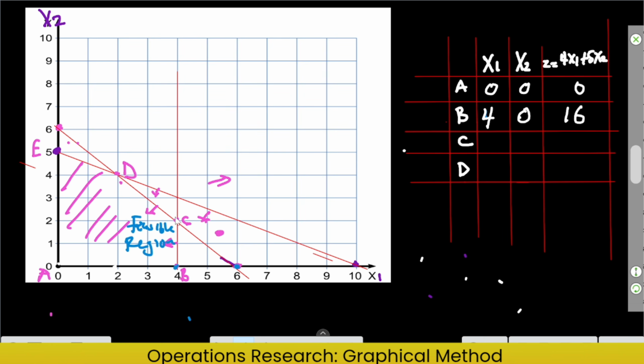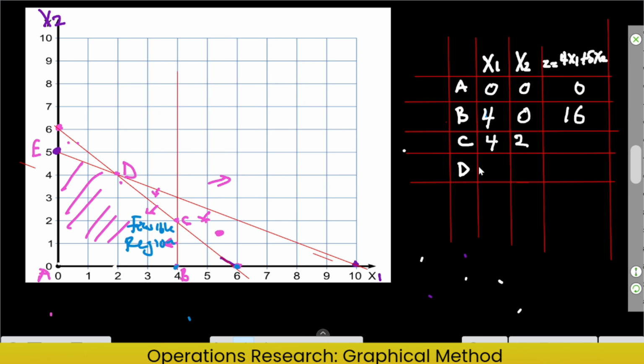Okay, so let's move on to C. Where is C? This is our C. So realize that in our C, we have the value of x1 to be 4. The value of x2, let's trace the value of x2. See, the value of x2 is 2. So we just put in 2 here.